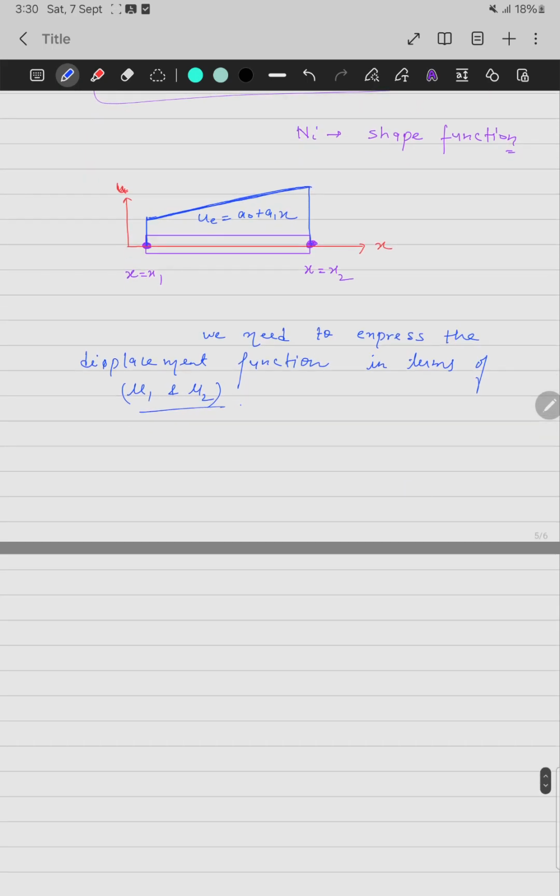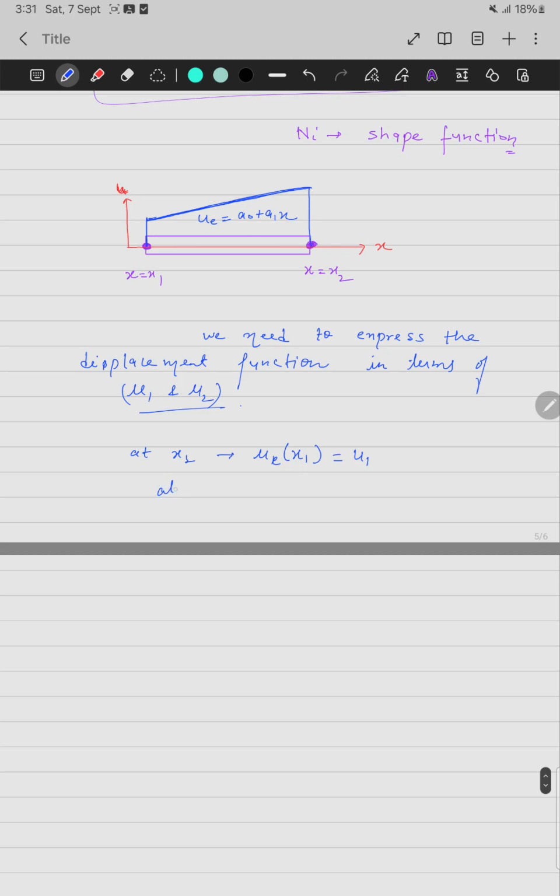Got it? So how will we get it? In our problem it will be given that at x1 we have displacement u1, so we can write ue(x1) equals u1, and at x2 we have ue(x2) equals u2.